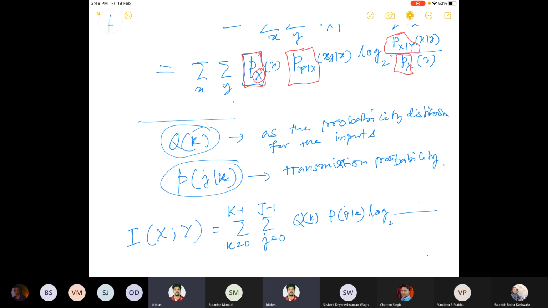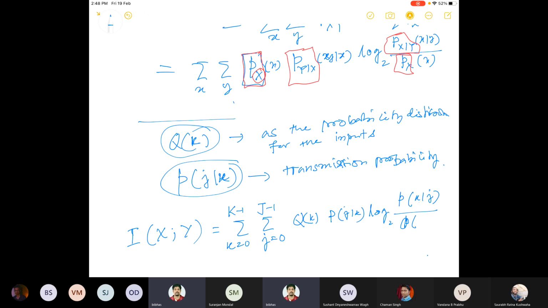So if I write this as the probability of k given j, this is what our definition was.